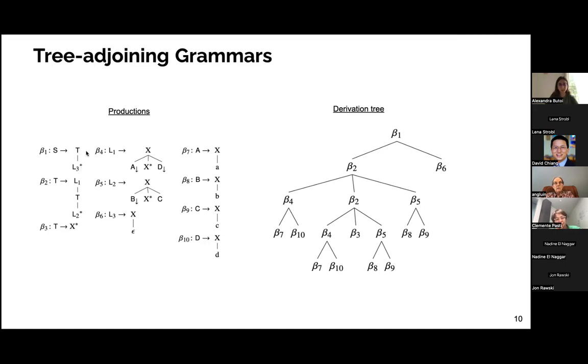In the next step, you could apply in any order either rule beta 2 or beta 6. You could apply beta 2 to the node T, or the rule beta 6 to the node L3, and so on until you have a complete tree.